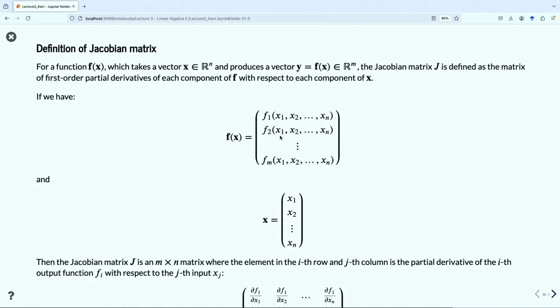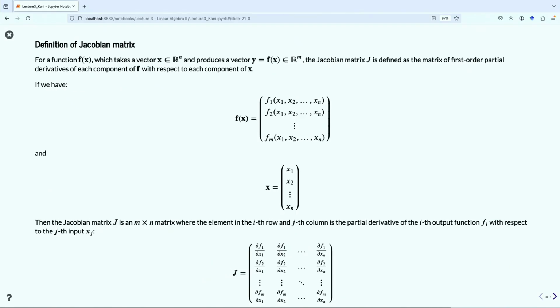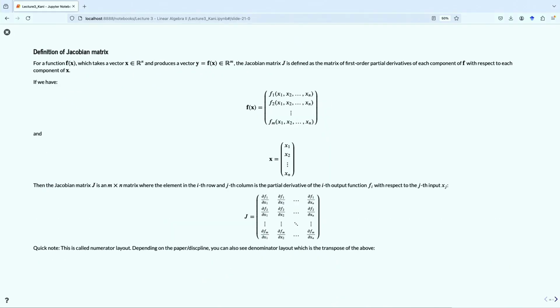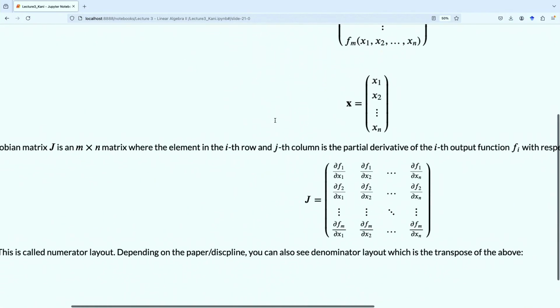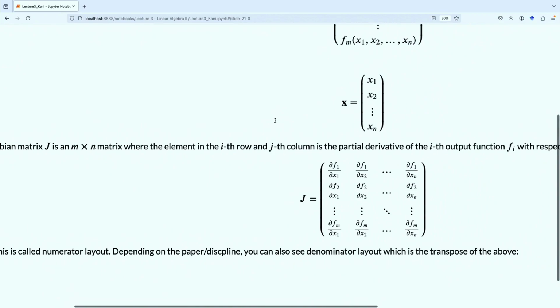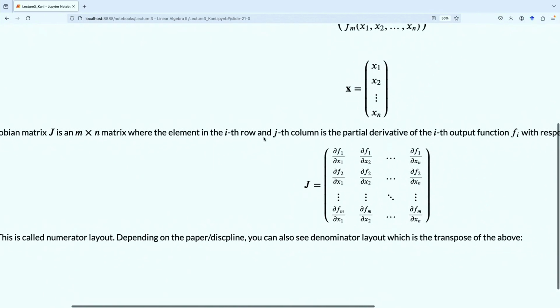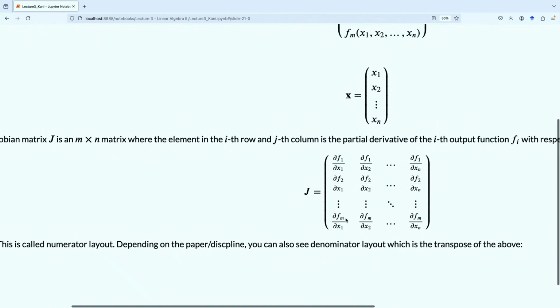Any of the variables could appear in any of these spots. The Jacobian matrix is an m by n matrix where we have m functions and n variables.